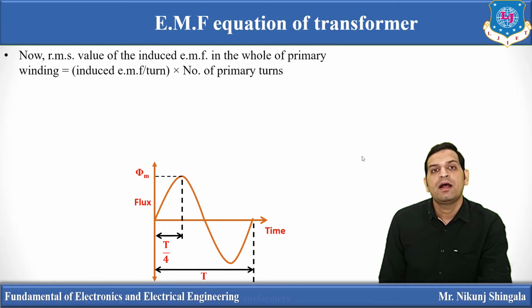Now the RMS value of the induced EMF of the whole primary coil is equal to the induced EMF per turn into the number of primary turns, which is N1.